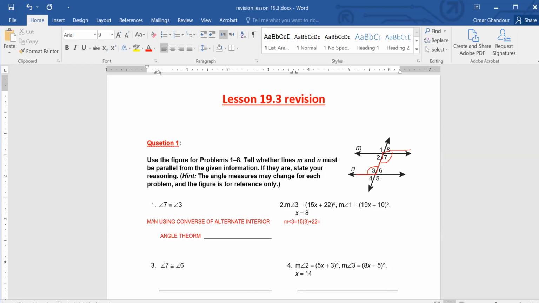So it's 142. I'm going to do the same thing for measure angle 1. Measure angle 1 is going to be 19 multiply 8 minus 10. The result should be 142 as well.